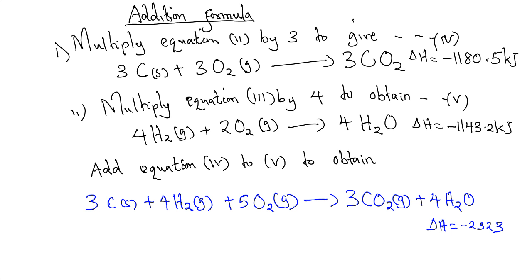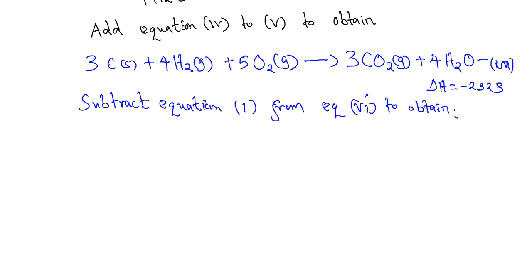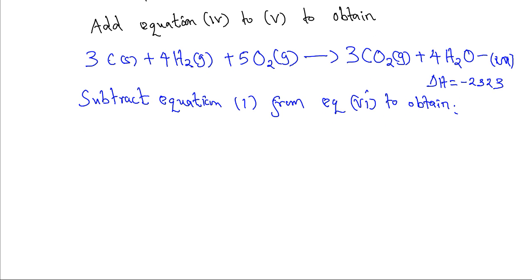Next step, subtract equation 1 from the so formed equation, that is equation 6, to obtain what we are going to obtain from there is simply that the carbons, some will cancel out.